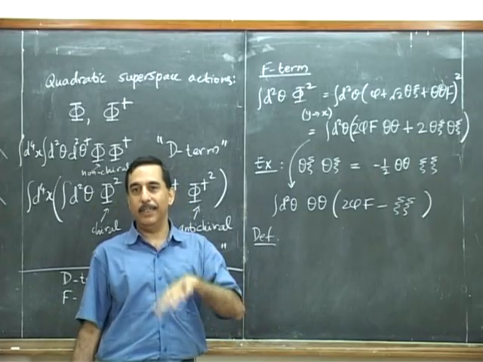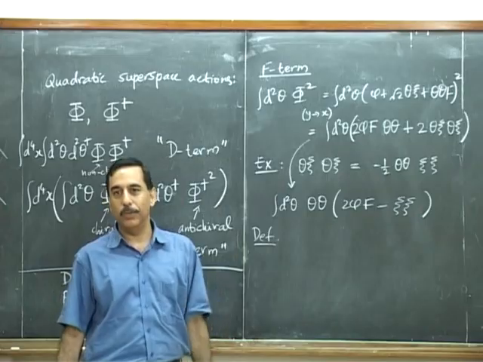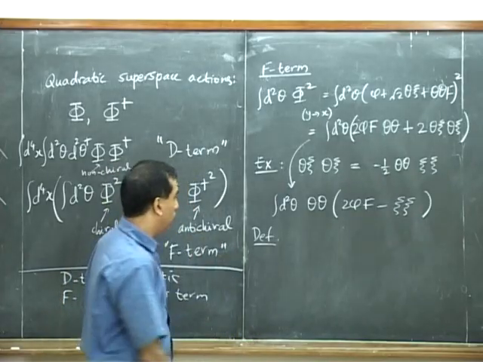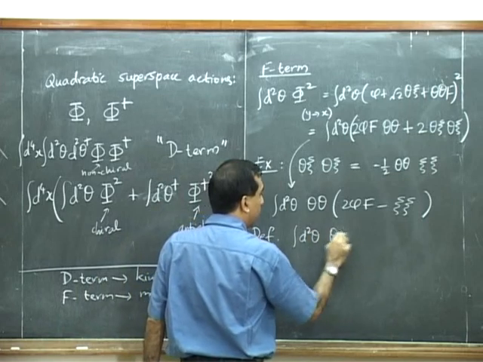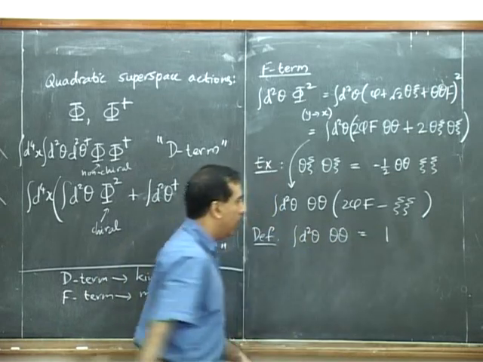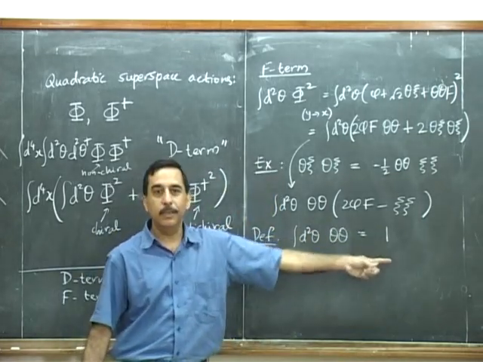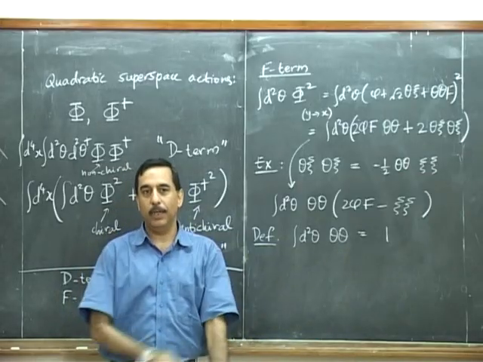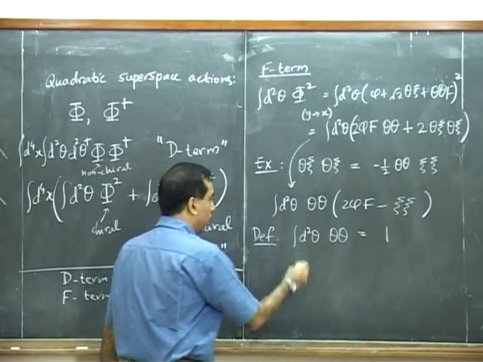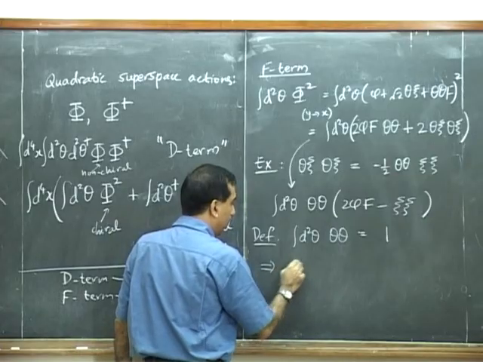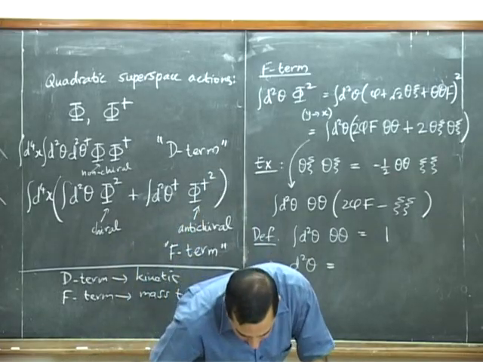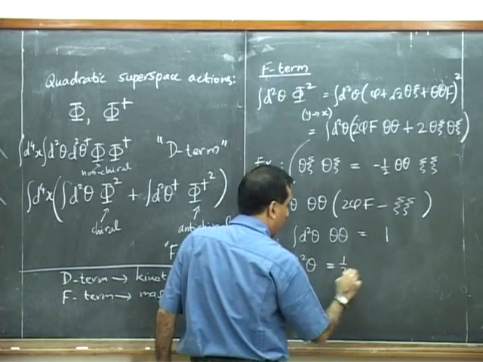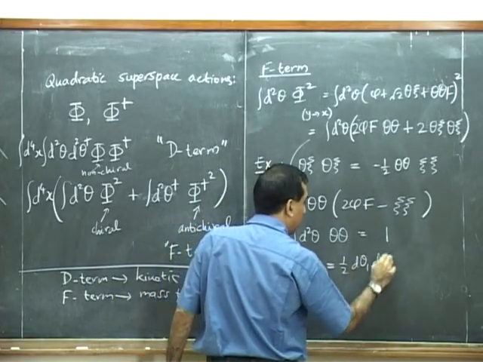It's really dz d z-bar, sometimes over 2, sometimes over root 2, whatever. And what we are going to do following DGR is that we want d2 theta of theta theta to be 1, so that every time we have an integral like this, we'll just be able to put it to be 1. From this it follows that d2 theta means a half d theta 1 d theta 2.